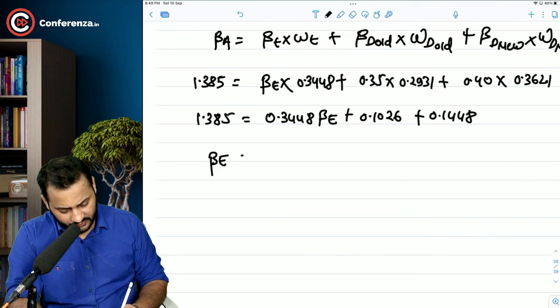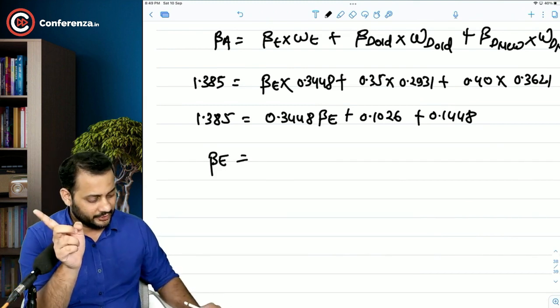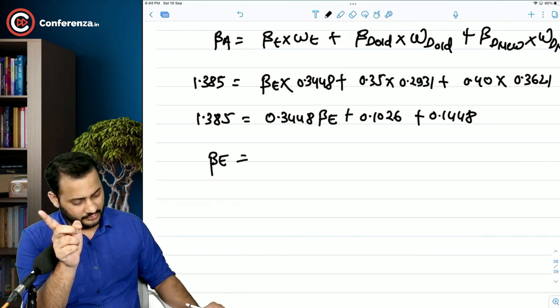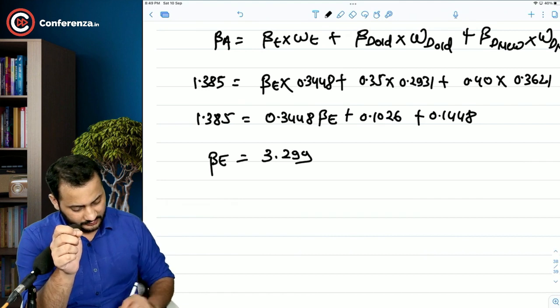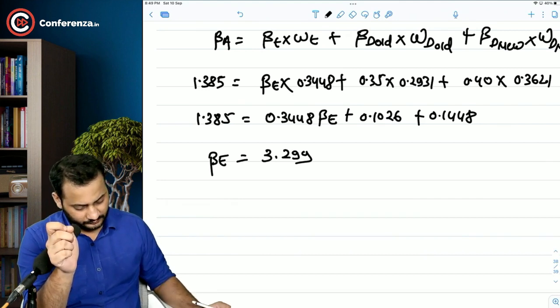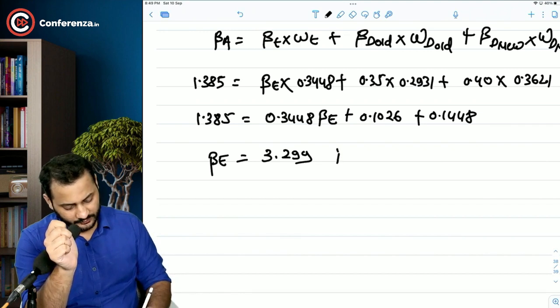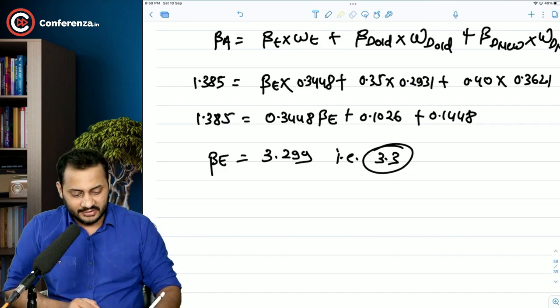So the two figures will go on the other side and get deducted: 1.385 minus 0.1026 minus 0.1448 divided by 0.3448. The answer comes to 3.299. Let me just check once again. 3.299, that is 3.3. Equity beta has increased.